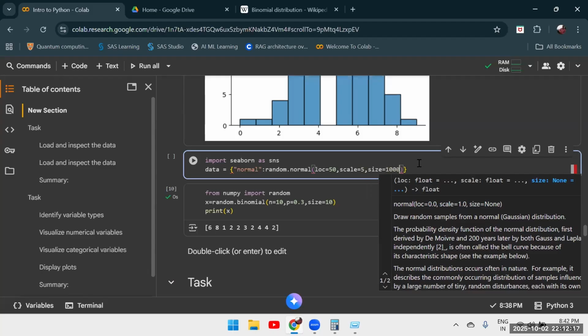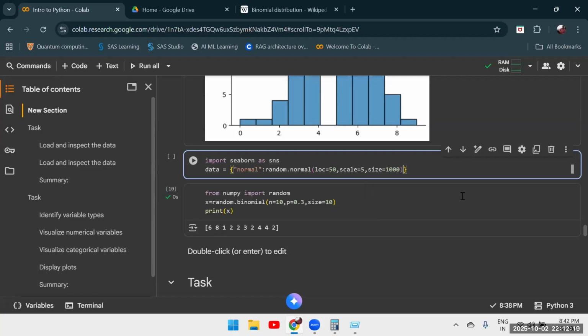I'm going to mention a size here, which is basically 1000 numbers. Why am I doing this? I'm going to find the difference between a normal distribution and a binomial distribution.